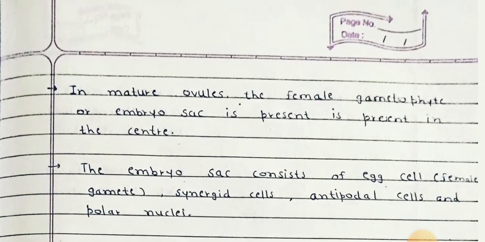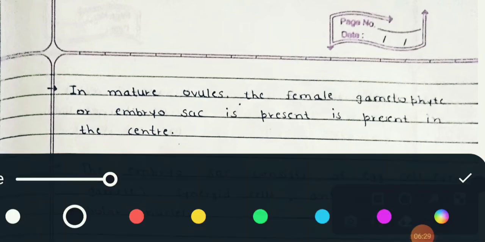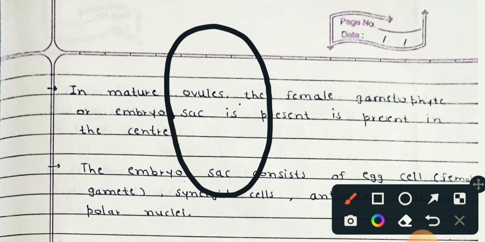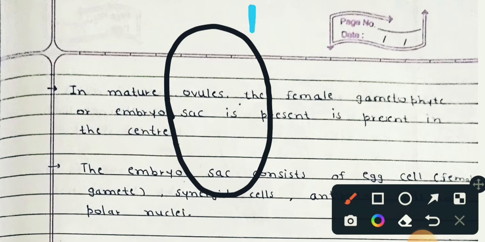Now, in mature ovules, the female gametophyte or embryo sac is present in the center. We are going to know about the structure of embryo sac. Embryo sac has two distinct ends, micropylar end and chalaza end.